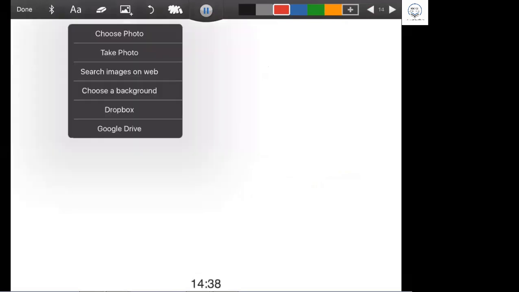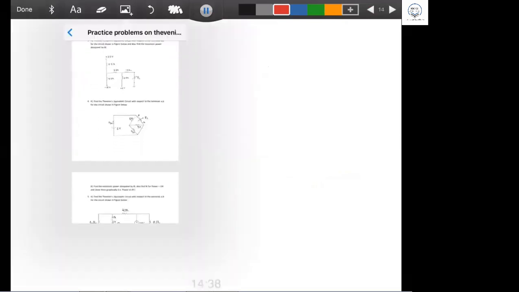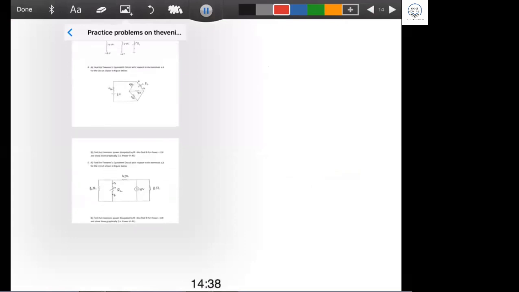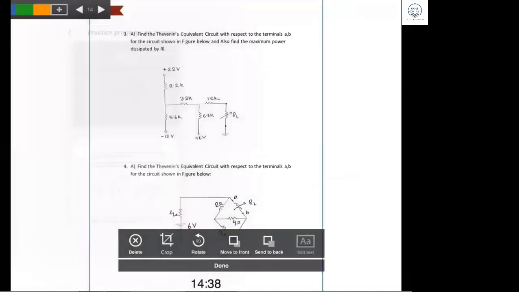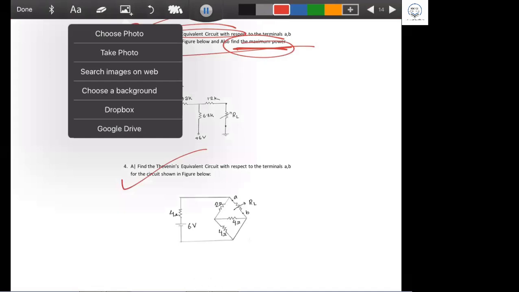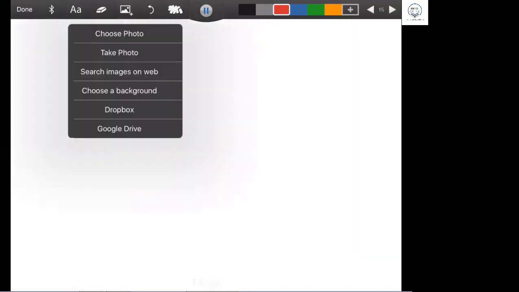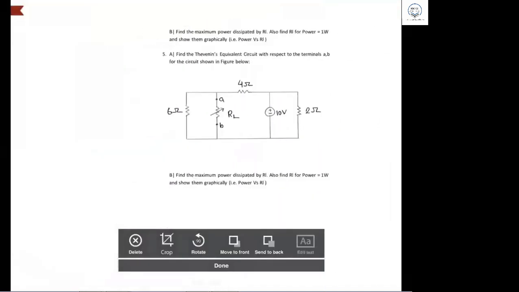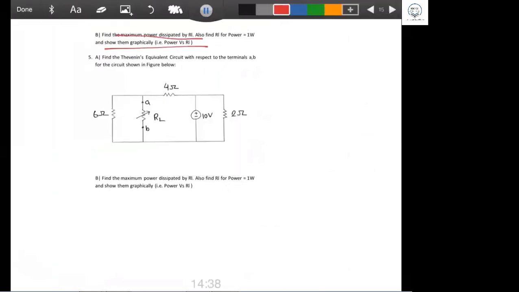Then you go to another one. You can see here also, this is part A, which is a Thevenin, and maximum power is also given together with it in part A. Here also you can see part A is Thevenin's theorem, and part B of the previous problem gives you a maximum power theorem problem for the previous question.